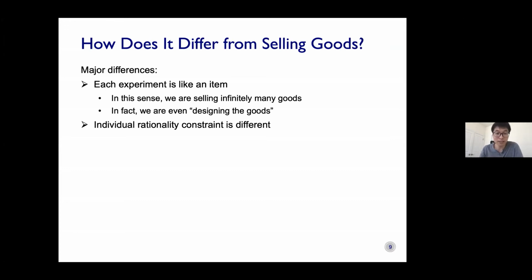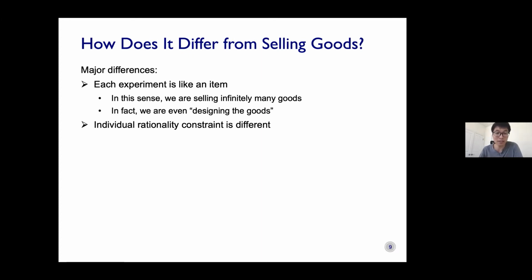Another key difference is the individual rationality constraint. That turns out to be crucial because it leads to a very different format of the optimal mechanism. In classical mechanism design, IR simply means, if you participate in the mechanism, your surplus has to be at least 0, because that's better than not participating, in which case you simply get 0.